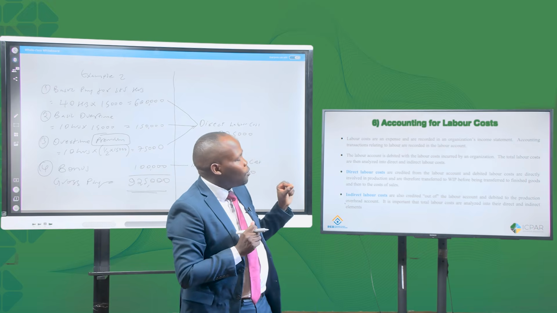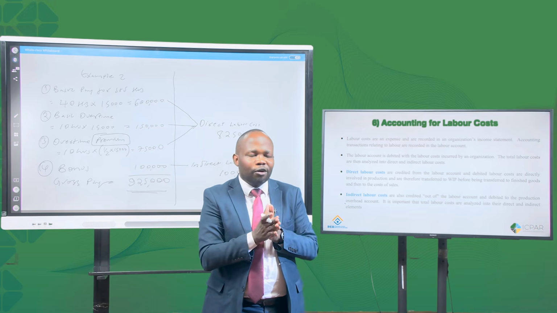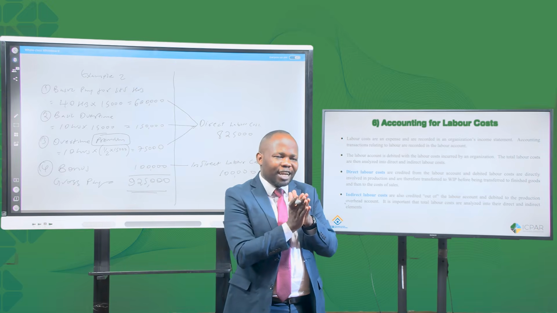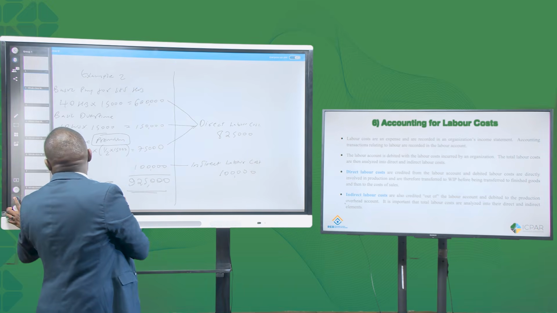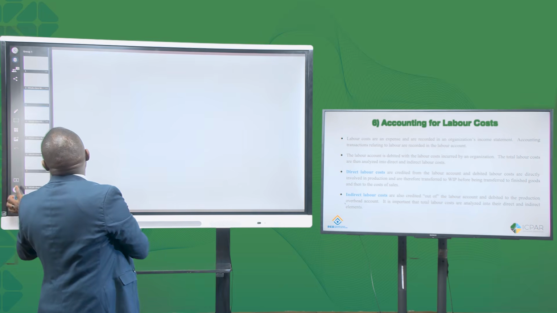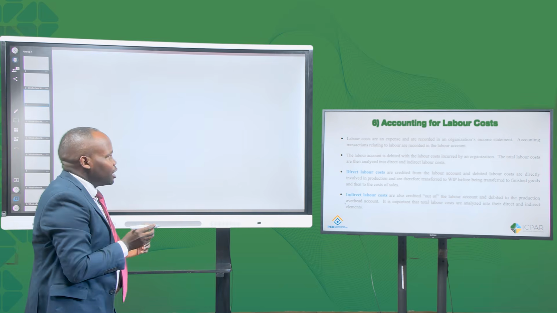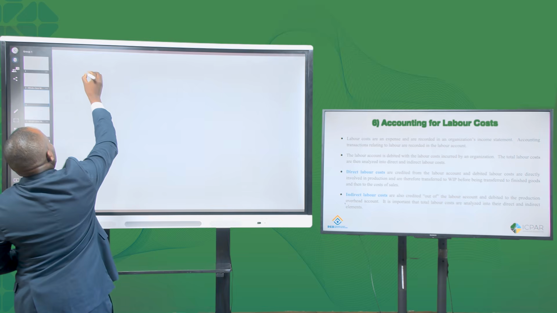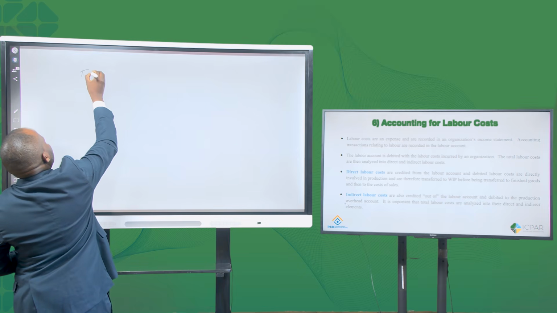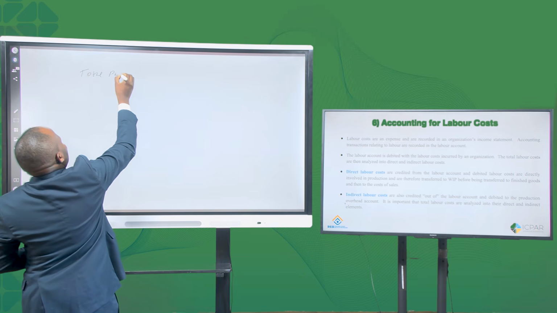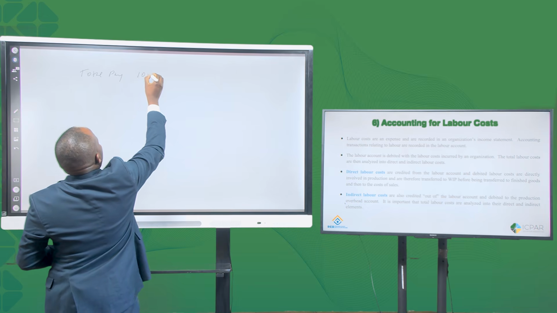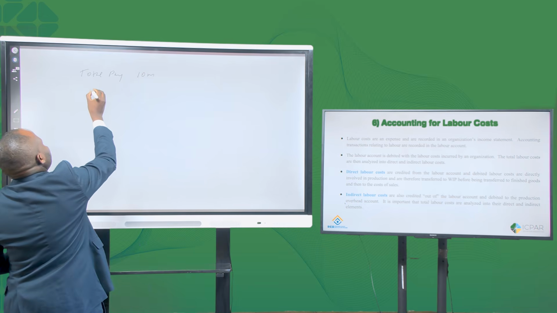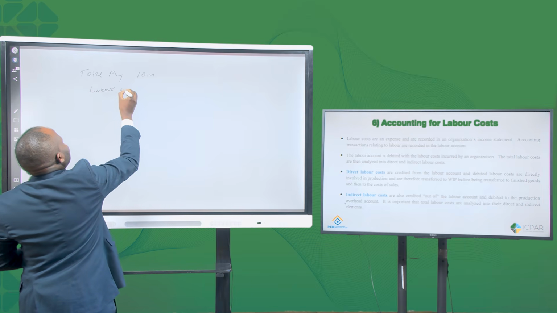When you want to pay your employees, first of all, this money is taken out of the bank. With the total pay, for example 10 million, you remove it from the bank and take it to what we call a labor account.